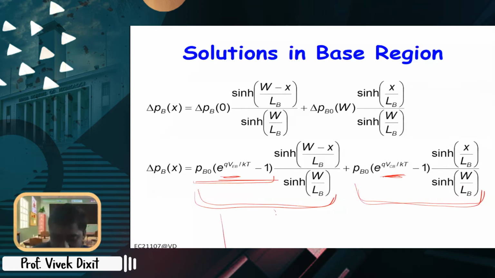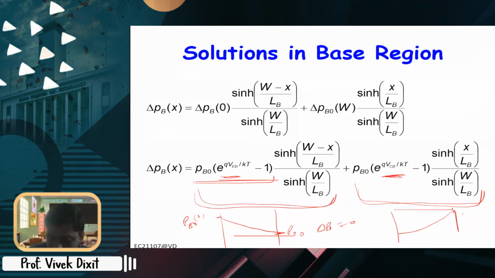So due to the first term, you will get a profile like this. This will be PB naught, and this will be PB naught only. So that means delta PB will be 0 here. And due to the second term, you will have an expression like this. So at x equal to W, this sinh by sinh will be 1.